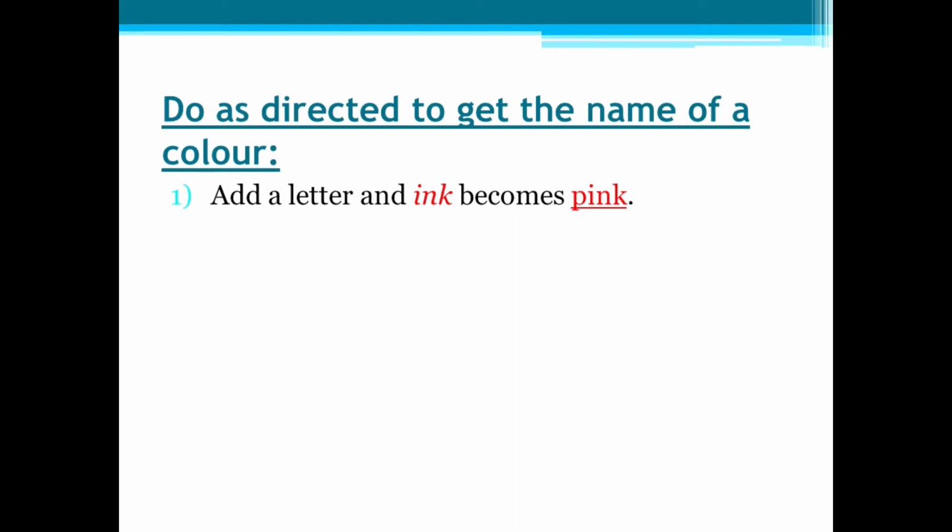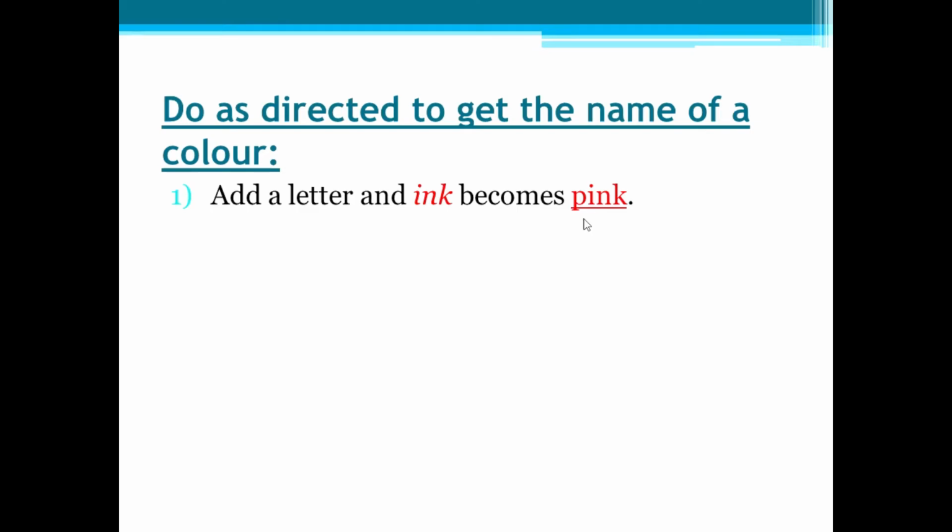Add means you have to write one more letter. Now add a letter, and what is this? Ink. Ink becomes, now you have to think of a rhyming color name. Ink, pink. So ink will become pink. So along with ink, I have to add the sound of P. So I have written P, ink, pink.